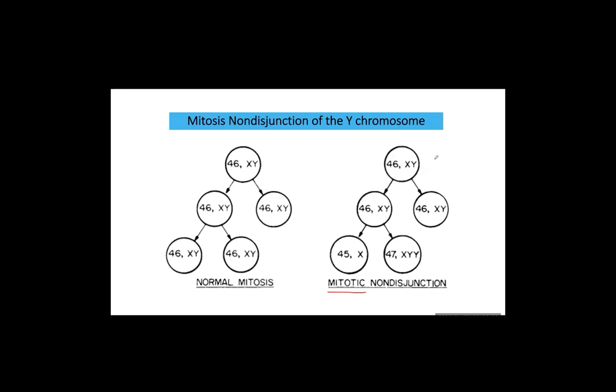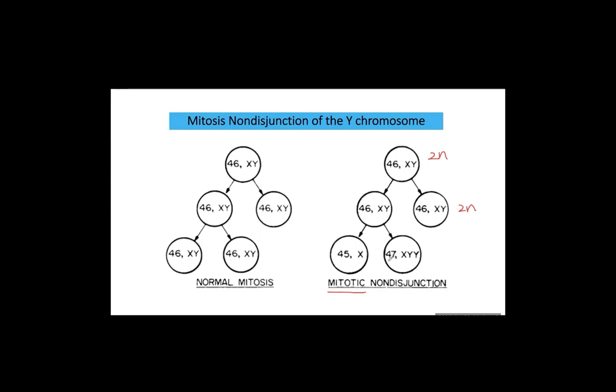This is 2n, and mitosis is supposed to produce identical genetic configuration. But when this cell undergoes mitosis, maybe the spindle microtubules drag the two sister chromatids to one pole together. Therefore, an abnormal chromosome number can be formed.